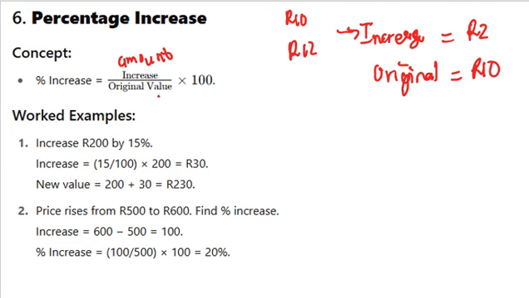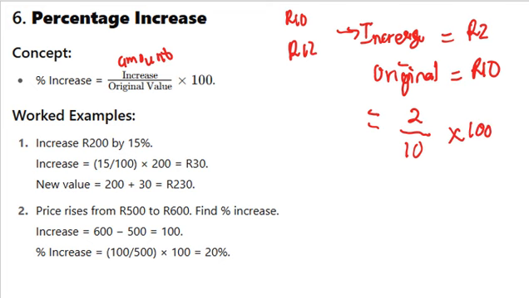Whenever you want the percentage increase, you just need these two things: the amount increase and the original value. To get the percentage increase, we say 2 rand divided by 10 times 100.